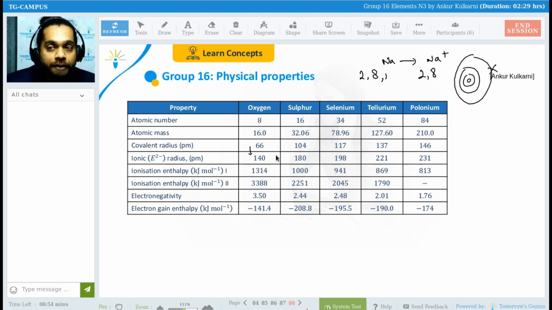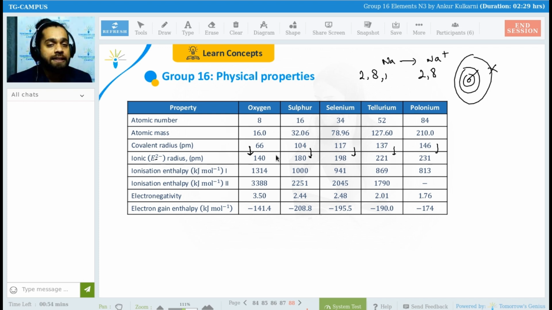Same thing over here: when we add electrons, the shell does not get added, but due to the repulsion the size increases. Look at the difference in the ionic radii, it is tremendous, because adding two electrons is not an easy task. So it increases the size a lot.